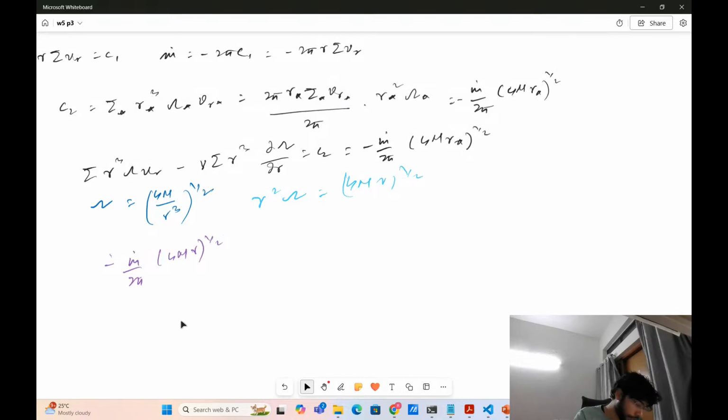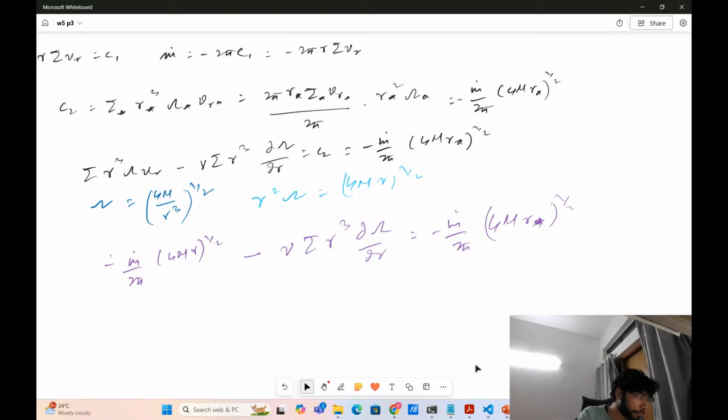So the first term will become m dot by 2 pi gm r to the power of half. The second term will be mu sigma r cube del omega del r. Let's keep the second term for now as is. Then minus m dot by 2 pi gm r star whole to the half. This is at the surface of the star or the horizon or whatever you take.